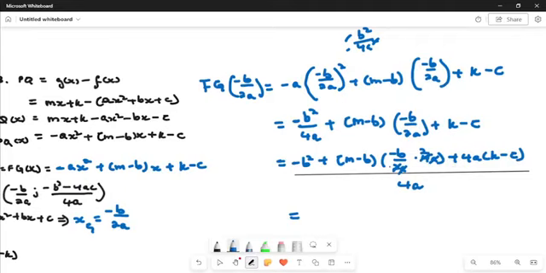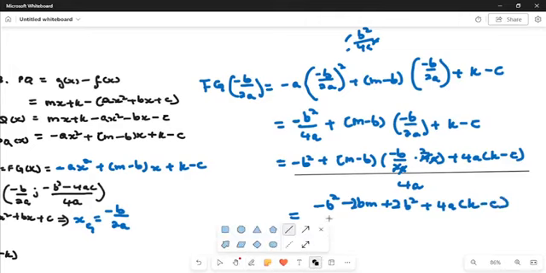Let's see. Okay, since here I will have b squared, I can multiply minus 2b into this, but then that I will leave as is. So we have minus b squared, then minus bm, okay, that's going to be a positive. It's a 2b, not just bm. I have a 2 there, so it's 2bm, then it's going to be positive 2b squared, then plus 4a into k minus c.